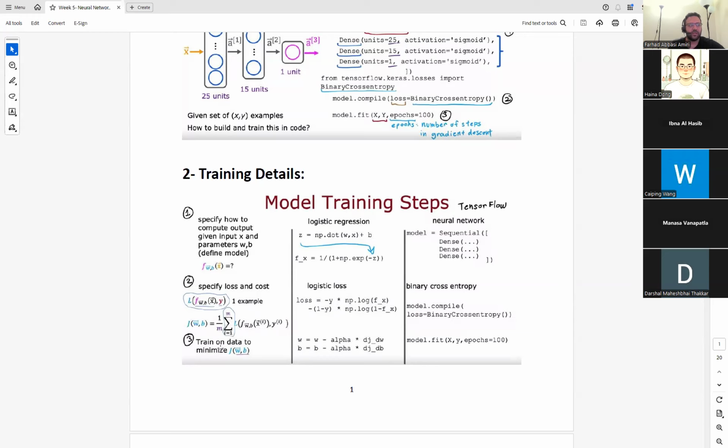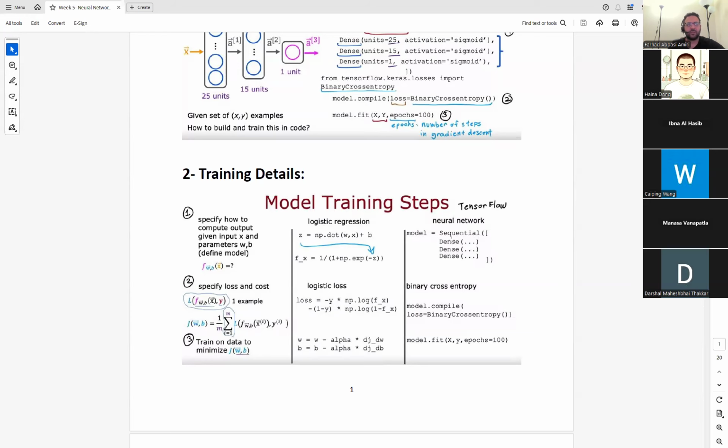And then we train our model on the data to minimize the cost function J using gradient descent. But that was related to logistic regression. Right now, let's do the same thing for a neural network. So how did we create our model in a neural network using Sequential?